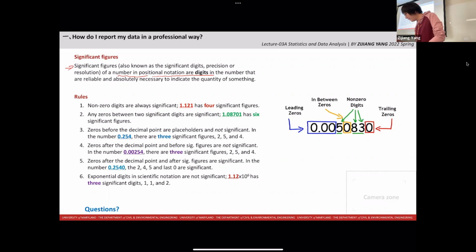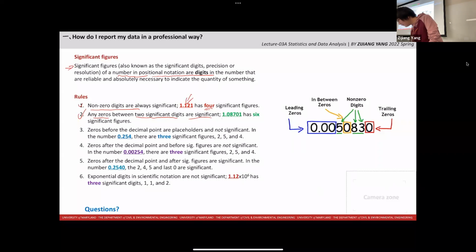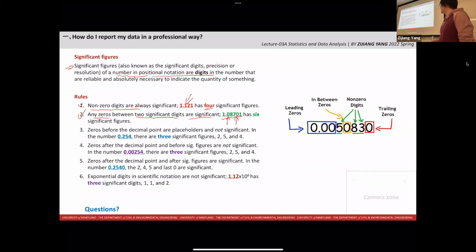And here are some more examples. Non-zero digits are always significant, so this number has 4 significant digits. Any zeros between two non-zero digits count as significant digits. So for this one, even though we have zeros in between, it has 6 significant figures.